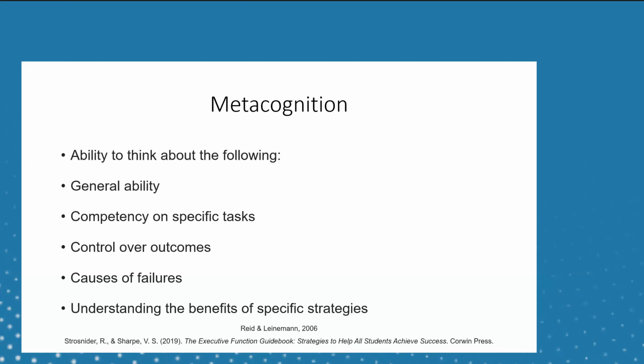When students have deficits in the area of metacognition, this can get in the way of all kinds of things: attention, learning, memory, problem solving, the ability for a student to monitor their own behaviors within that classroom setting. This is a big topic as well. I would highly encourage you to get some more training on it.